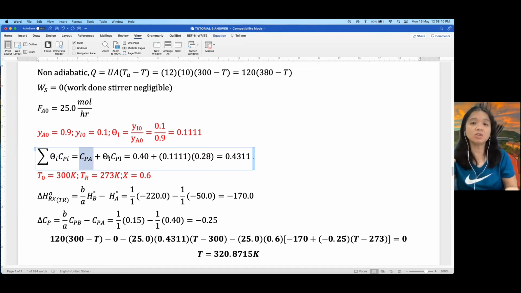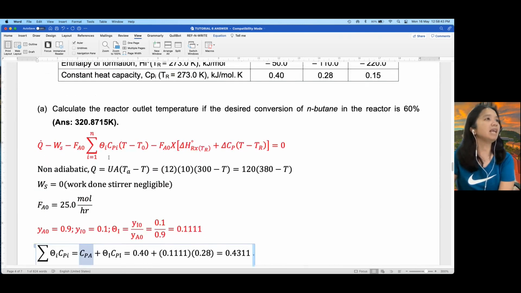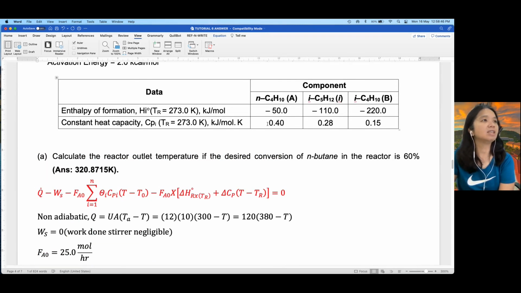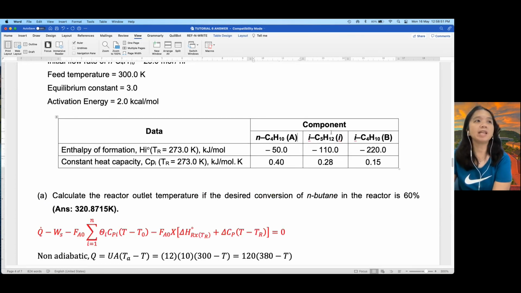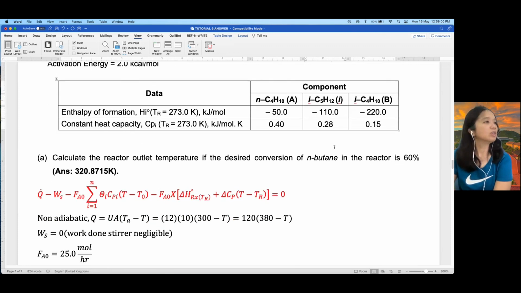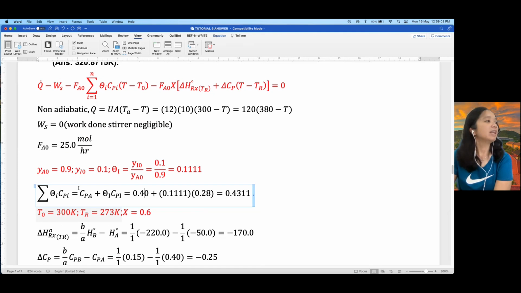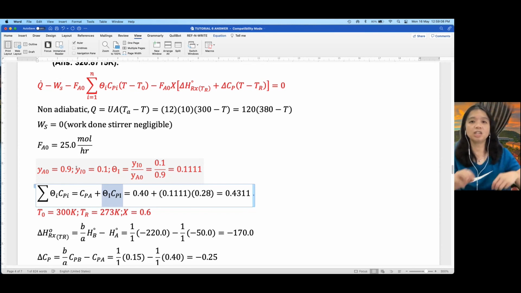The I refers to the inert. In this case there is an inert, so you have to calculate for the inert. CPA is actually 0.40. You can see in this question they give values for component A, component B, and the inert as well, so you have to be very careful when you substitute the values. Next, theta I, the ratio of the initial amount of inert over the initial amount of A. In this question, they give us the mole fraction: initially 90% A and 10% inert.